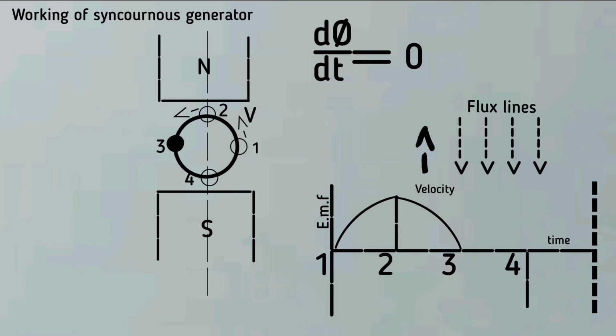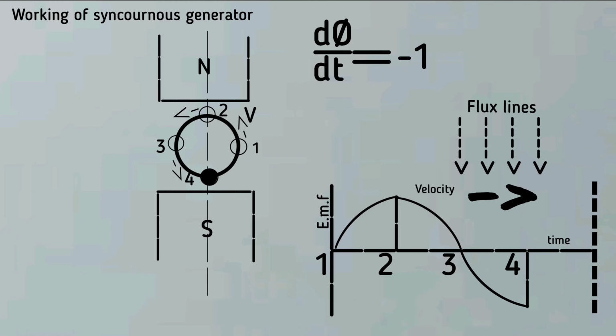As the conductor moves from position 3 to position 4, the velocity component perpendicular to the flux lines again starts increasing, but the direction of the velocity component is now opposite to that during the movement from position 1 to position 2. Hence, the induced EMF in the conductor increases but in the opposite direction. At position 4, it achieves its maximum in the opposite direction as the entire velocity component becomes perpendicular to the flux lines.